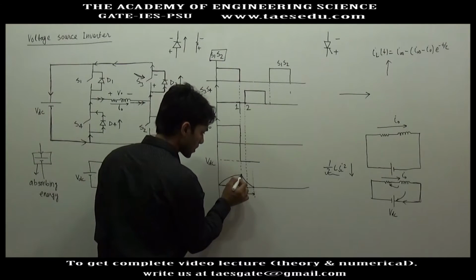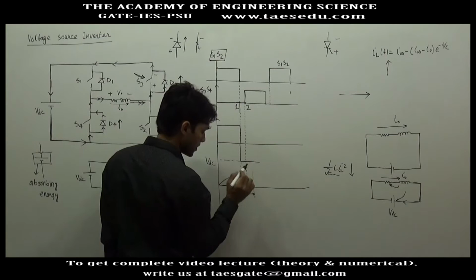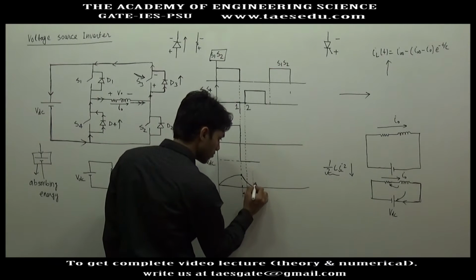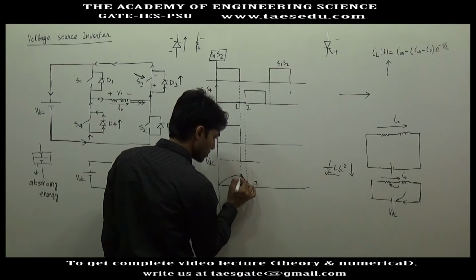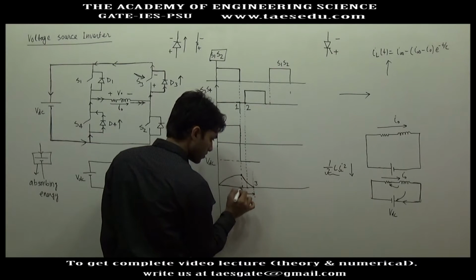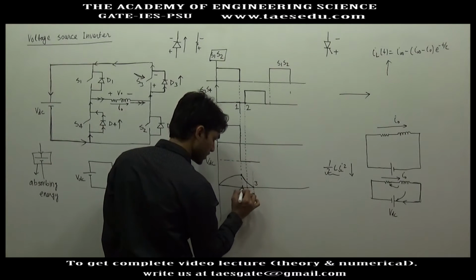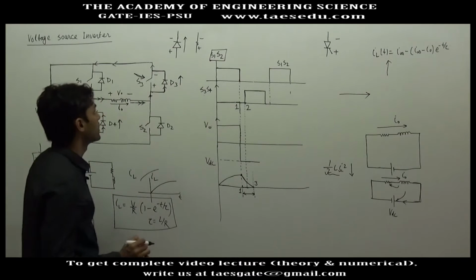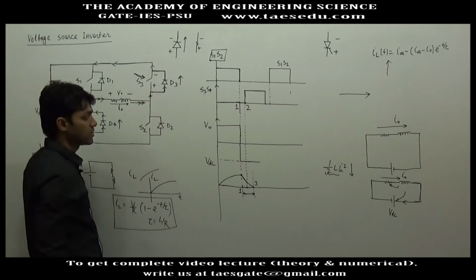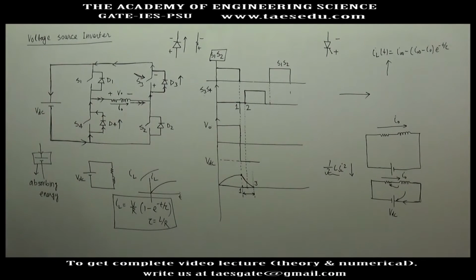So as long as current is flowing through D3, from point 1 up to point 3, even if you give a gate signal to switch S3, it cannot be turned on because it is reverse biased.